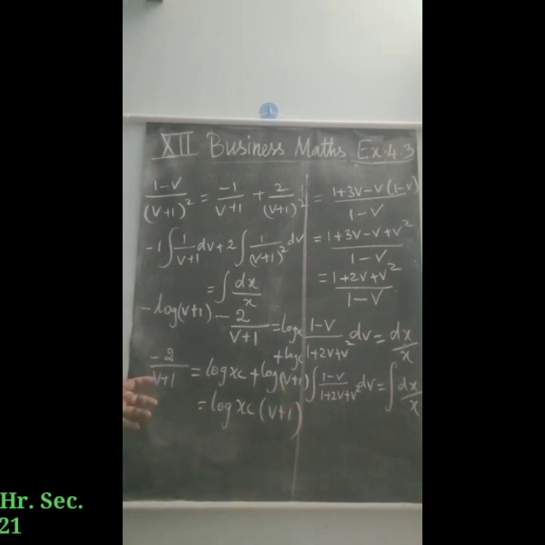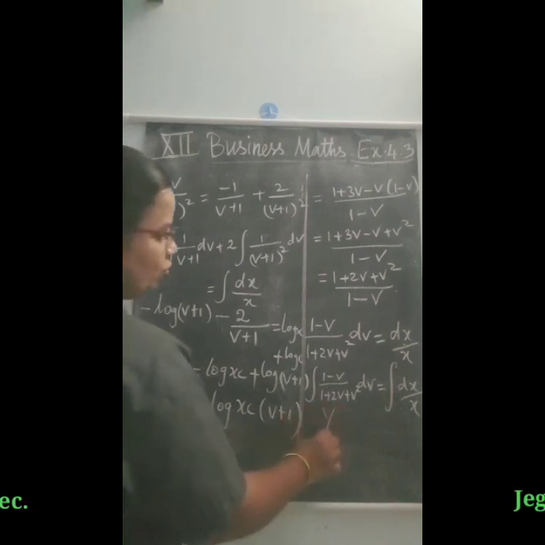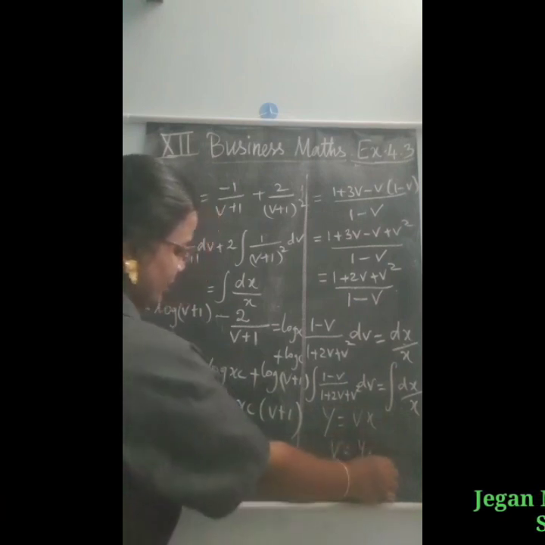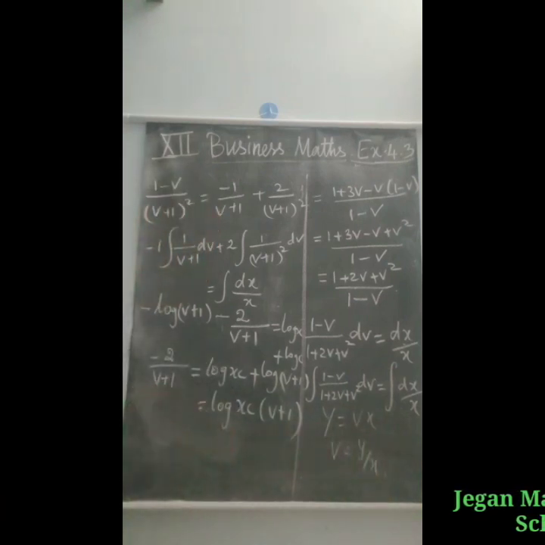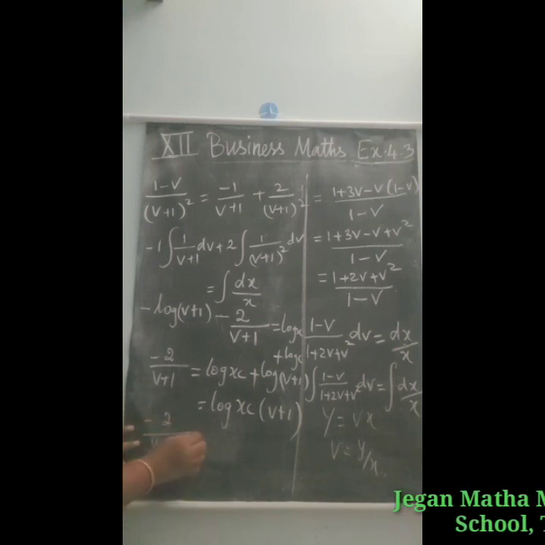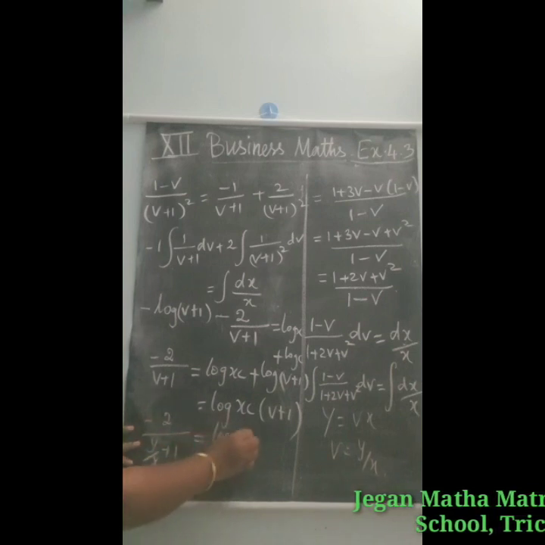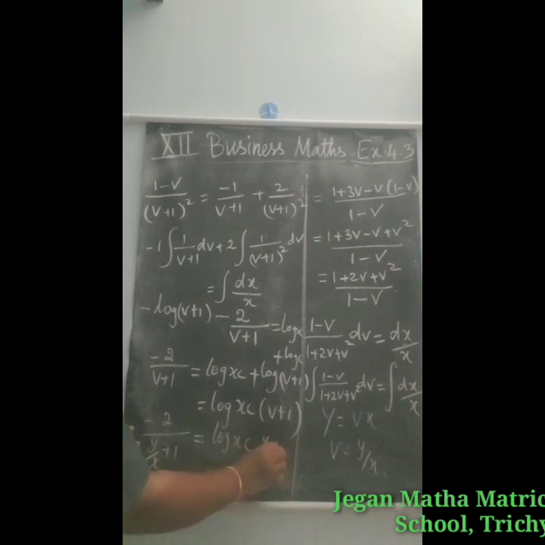After that we have to replace V by y by x. V is equal to y by x, because y is equal to Vx means V is equal to y by x. So instead of V, you have to substitute y by x. We will get minus 2 divided by (y by x plus 1) is equal to log xc (y by x plus 1).